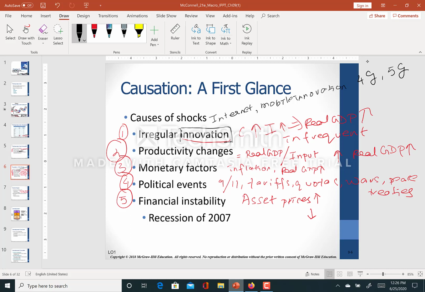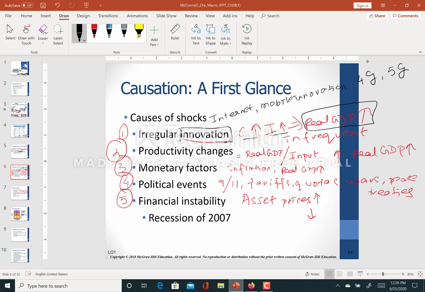When we have innovations, consumption increases, investment increases, real GDP increases. But these innovations are infrequent. After a period of successful innovation, everything stops and the real GDP goes down, and that's going to cause a recession.